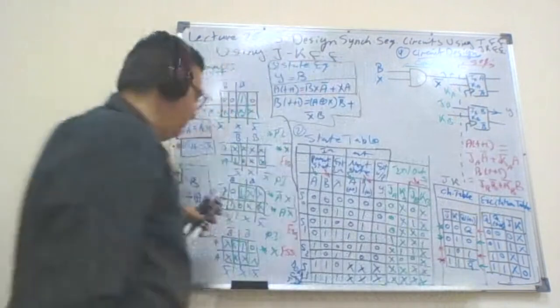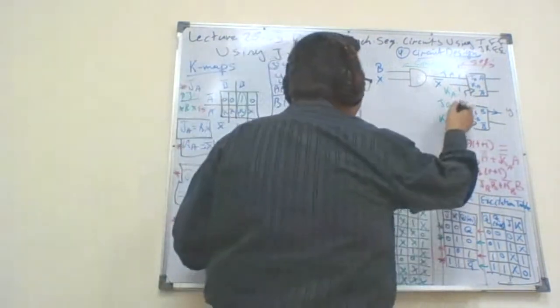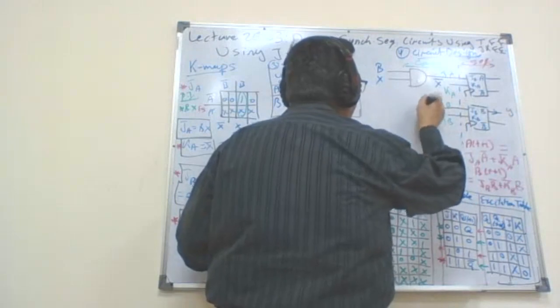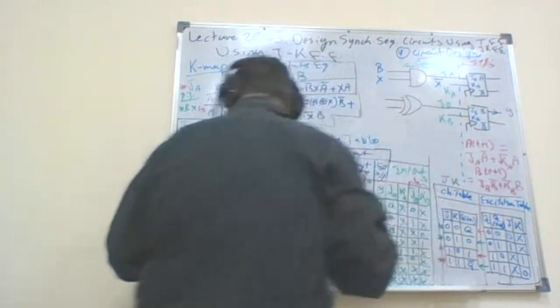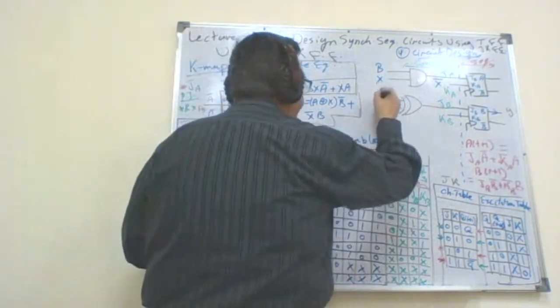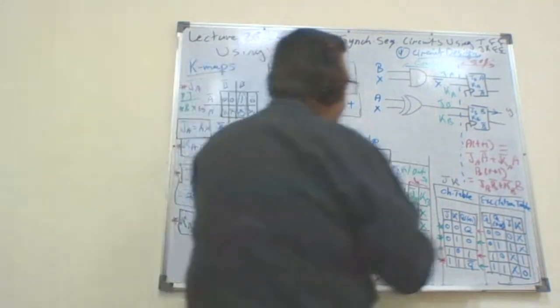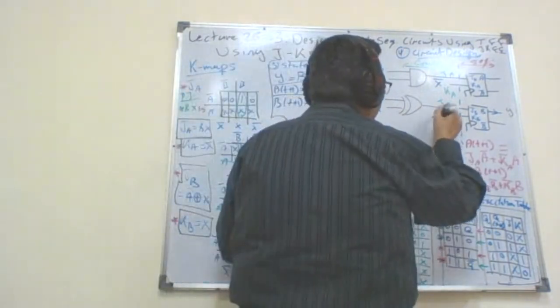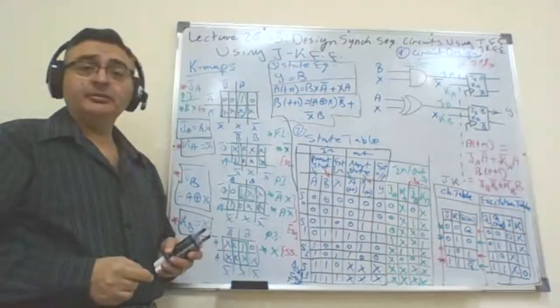That's it. Right. JB is the XOR between A and X. This is an XOR between A and X. KB is simply X, so KB here is just X. That's it.